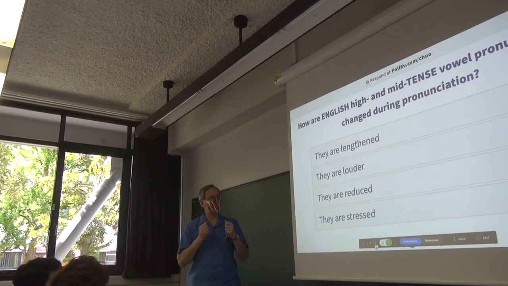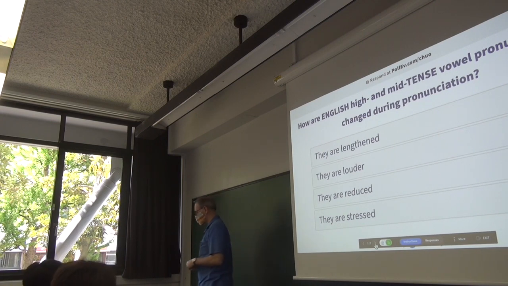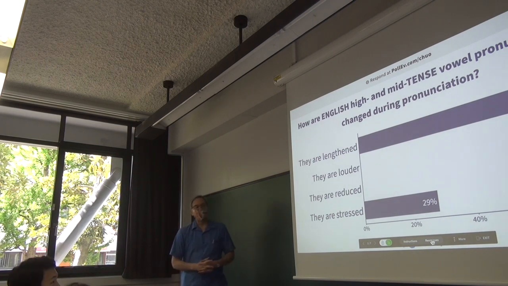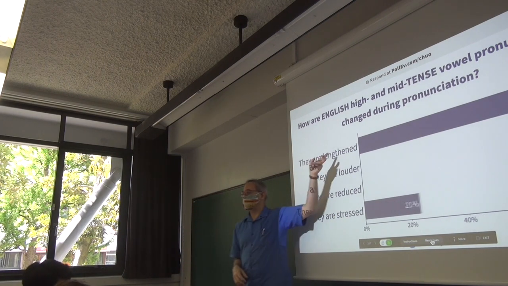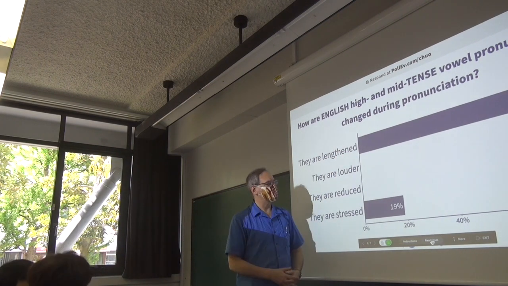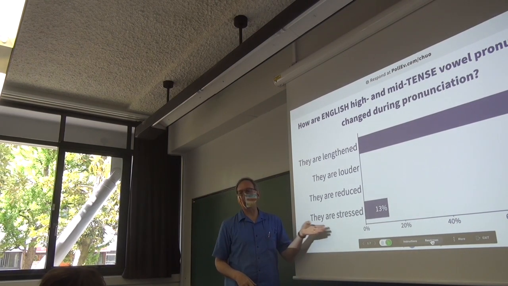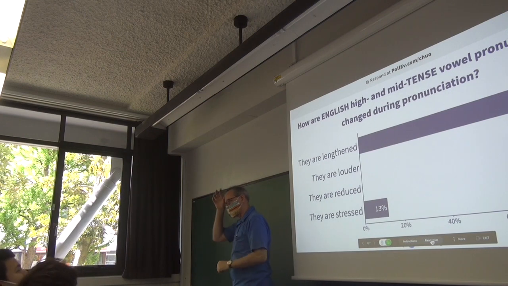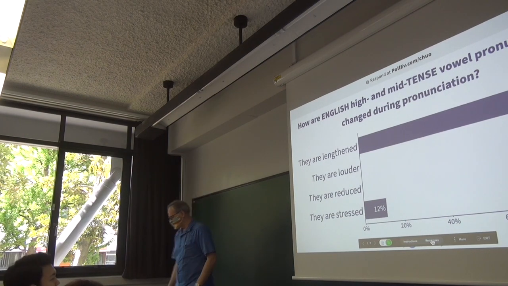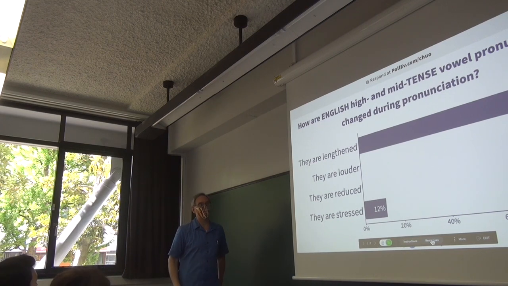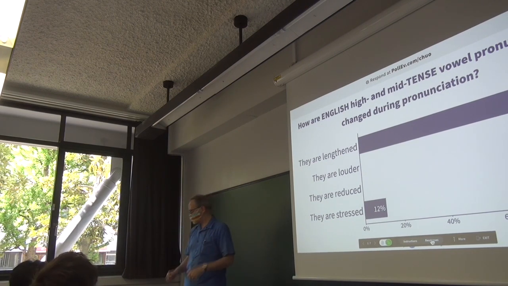Not lax vowels, tense vowels. The correct answer is they are lengthened. Stress we will learn about later. They can be stressed, but they can be unstressed. But what's special about the English pronunciation of tense vowels is they get lengthened.